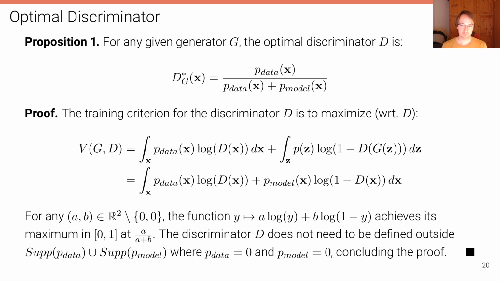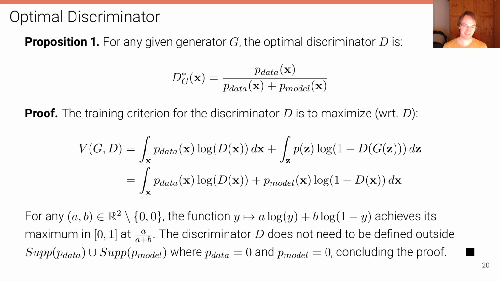But assuming this is correct, we see that here we have a function that can be written as this expression here. We have a y, this is D of X, that maps to a log y plus b log 1 minus y, where a is p data and b is p model. I've just given this expression new names.